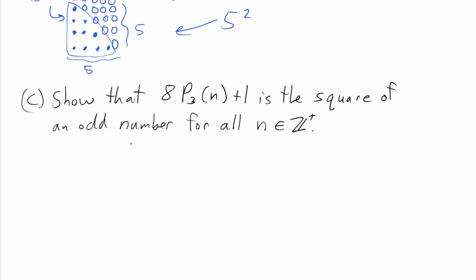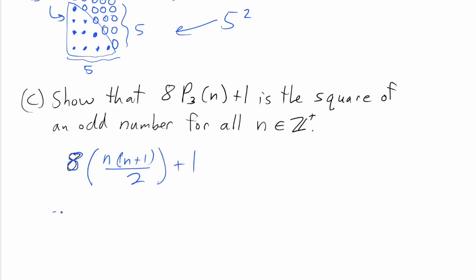In this next question we have, show that 8 times P3 of n plus 1 is the square of an odd number for all n in Z plus. So let's just use the formula. We have 8 times P3 of n, so n times n plus 1 over 2, the formula that we used from before.